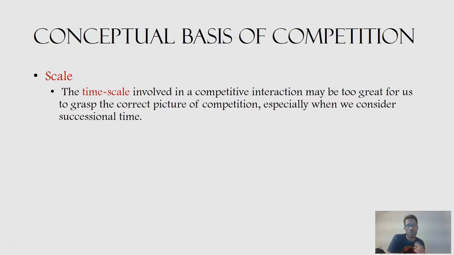I write some research proposal and I'm going to collect data for, on average, 2 or 3 years. But 2 or 3 years is really nothing when we're thinking about big trees or certain organisms. So the timescale involved in these competitive interactions may just be too great for us to grasp the correct picture of competition. We might see a stable community, but there might be intense competitive dynamics happening. It's just over timescales we can't appreciate.